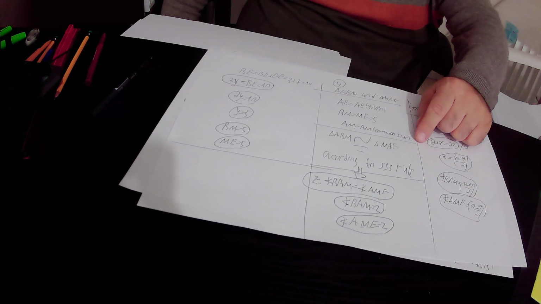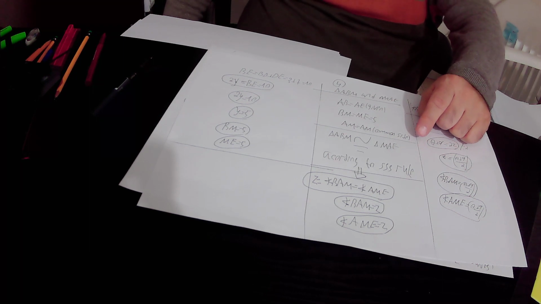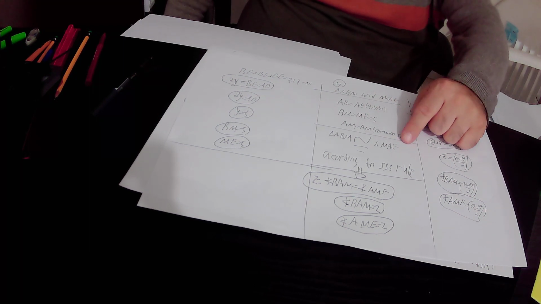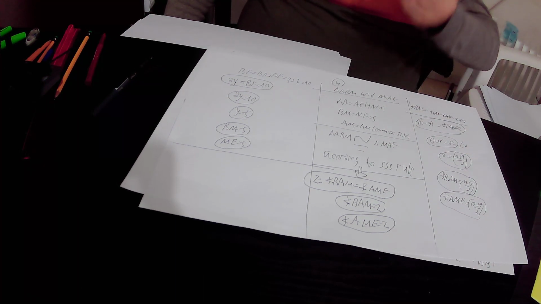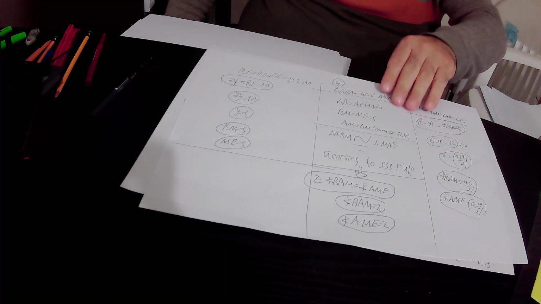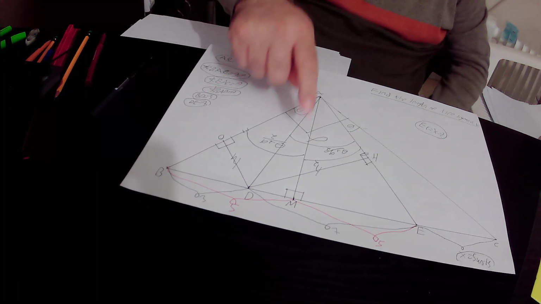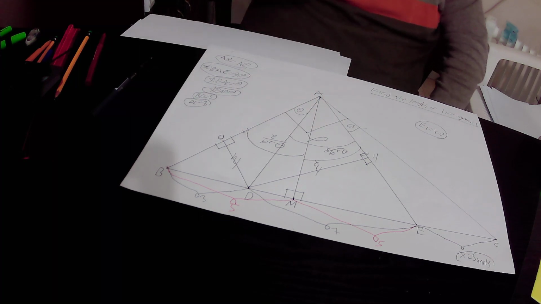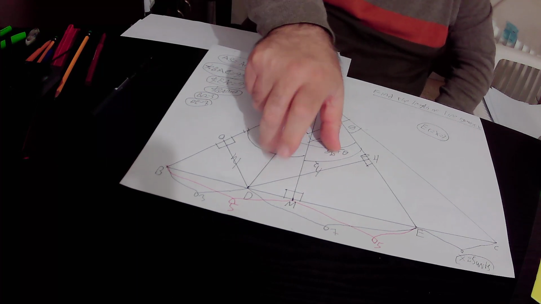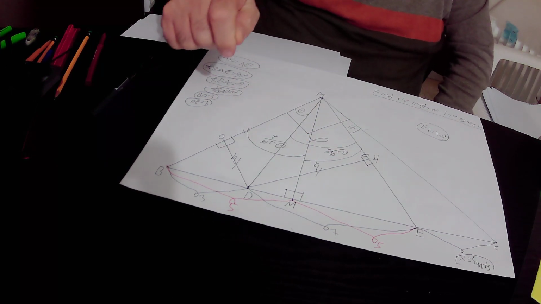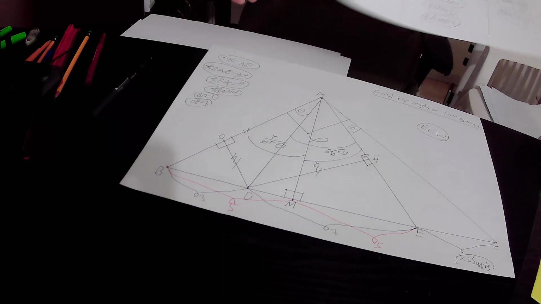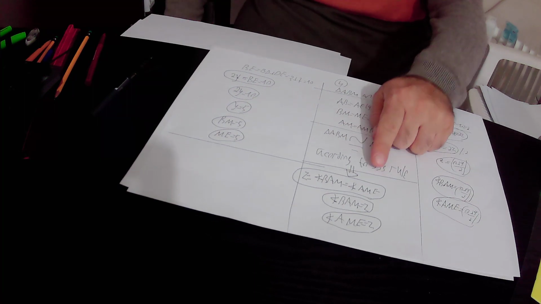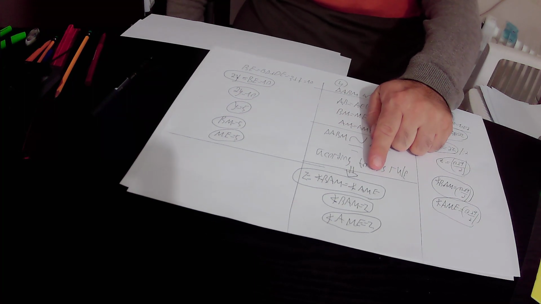So we have proved that the right triangle ABM is congruent to the right triangle AME according to the side rule. From the fact that those two right triangles are congruent, we conclude that angle BAM is equal to angle MAE, according to the rule that corresponding angles in congruent triangles are equal to each other. Okay, so angle BAM is equal to angle MAE.